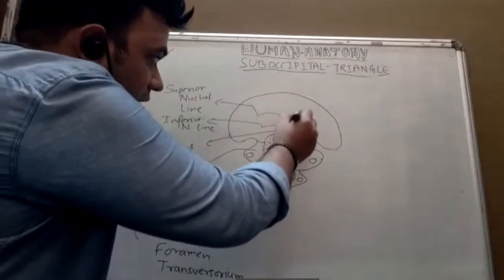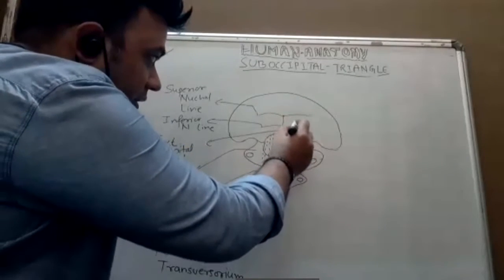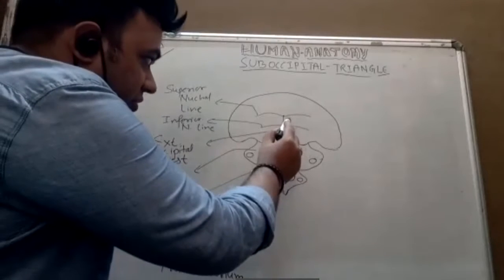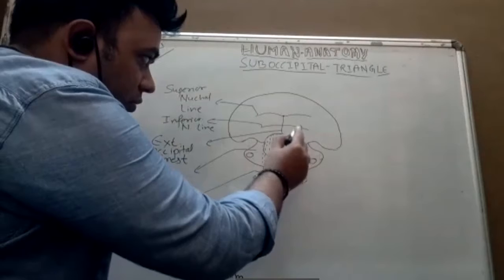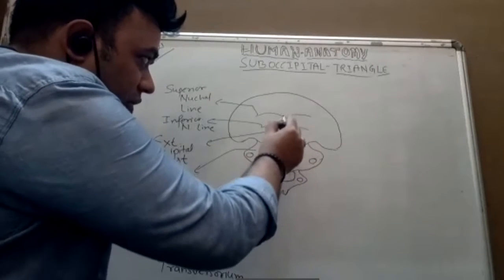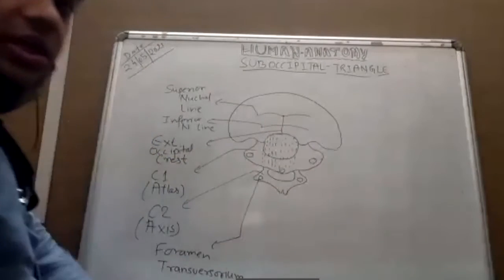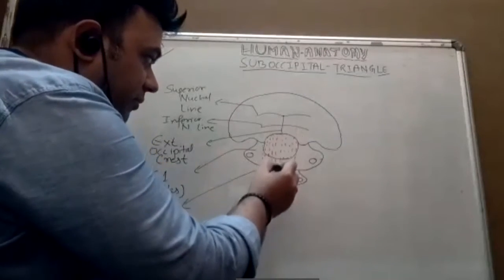And again this upper and the lower regions again divided by imaginary line into medial and lateral part. Means total 4 quadrants: upper inner, upper outer, lower inner, lower outer. So on each side below the superior nuchal line, this squamous part of the occipital bone is divided into 4 regions having 4 different muscle attachments. Now we will start which muscles are there.